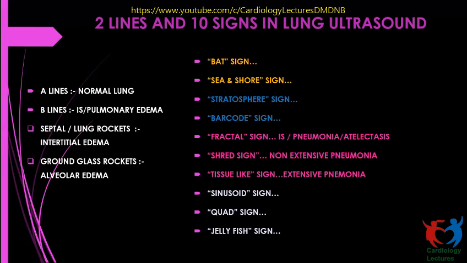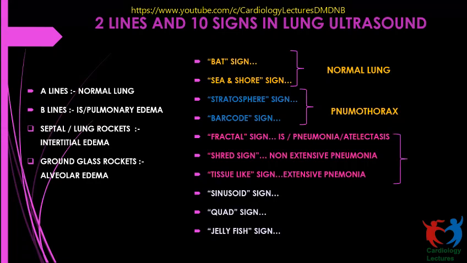In pulmonary edema, there are septal or lung rockets. Usually they are 5 to 8, and if they are there, then it is usually interlobar septal thickening with fluid, that is interstitial edema. And if there are many, more than 8, then they usually represent alveolar edema. Then you have the bat sign and the seashore sign. These signs are normal lung. You have the stratosphere sign or barcode sign, which is usually seen in pneumothorax.